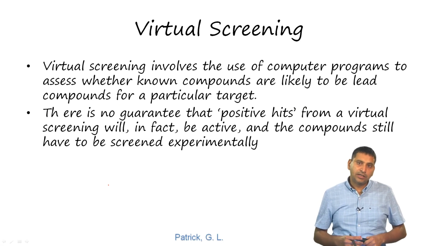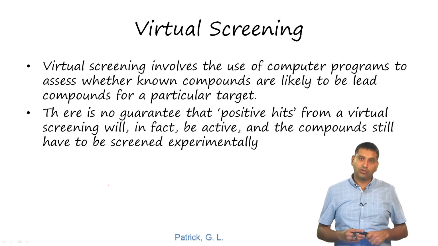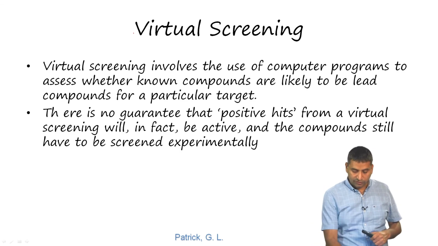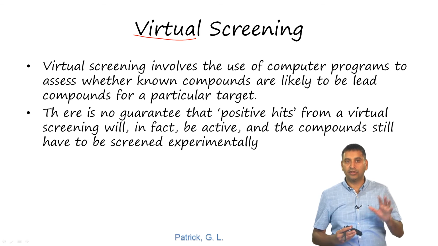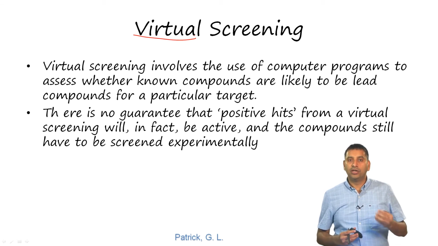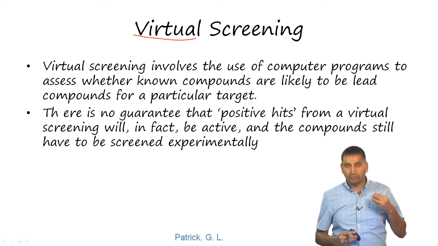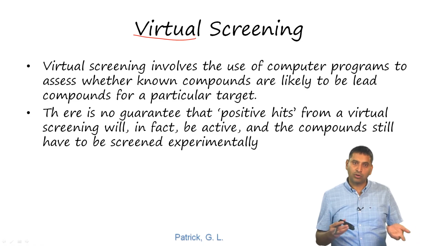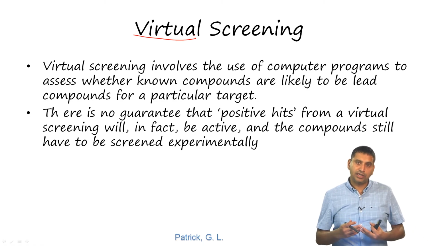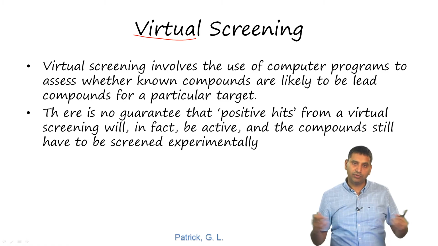The next technique that we shall be looking into is called virtual screening. As the name suggests, virtual screening occurs in a computer. So, here we use very powerful computer programs to assess whether a compound is likely to be a lead or not. We have a particular target and we start screening for ligands which are going to bind to this target.